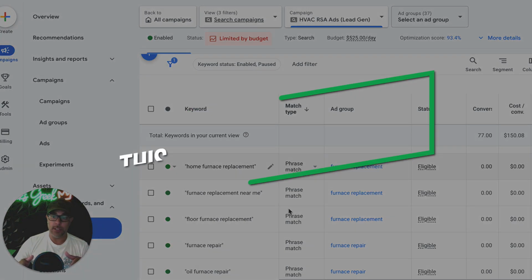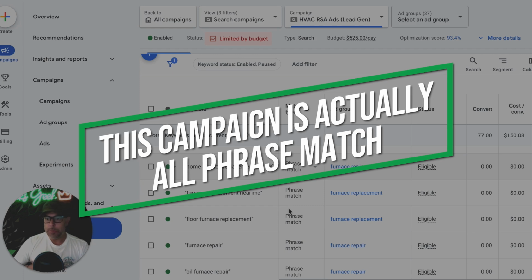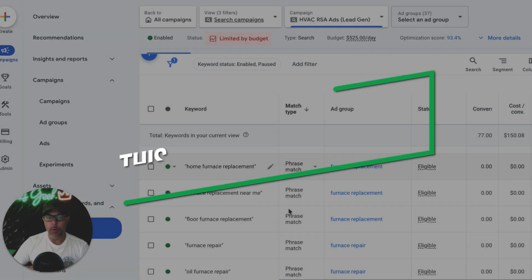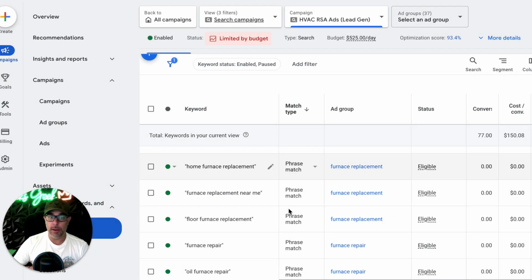This campaign is actually all phrase match, which is interesting. I wonder why they did that. Either way, it's working, so I don't care. But make sure that you do have strong negative keywords. It's only going to make your campaign convert better, and you're going to get cheaper leads and your client's not going to be pissed off because no client wants to take calls for another company. And you definitely don't want to do that. So keep that in mind when you're running these campaigns.